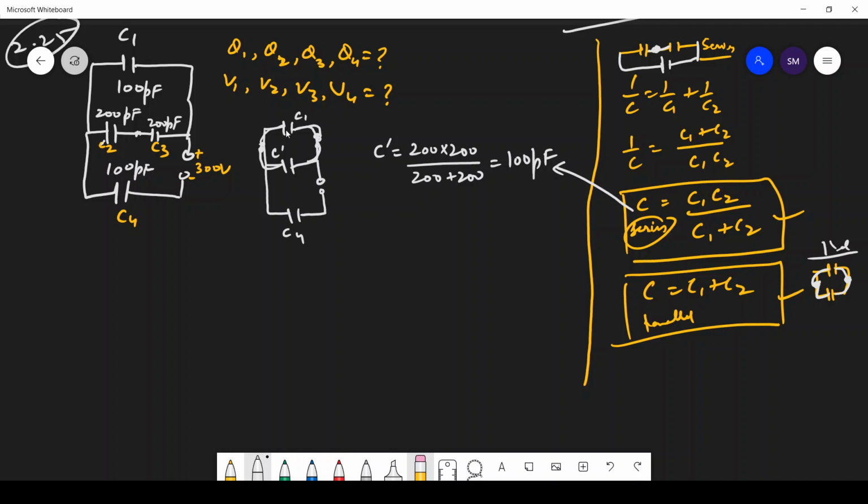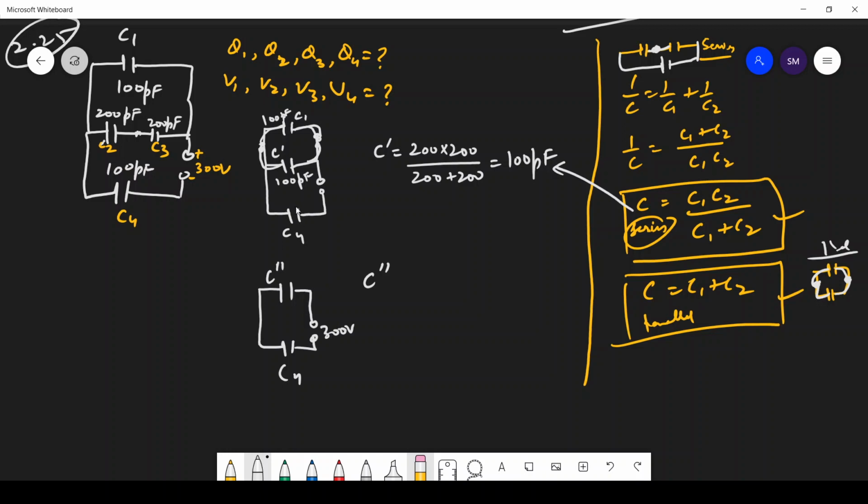So C1 and C dash, this is 100 picofarad and this is also 100 picofarad, okay? So the equivalent capacitance of both of them, of C1 and C dash, let it be C double dash. So this is C double dash and this is C4, and this is your 300 volt.